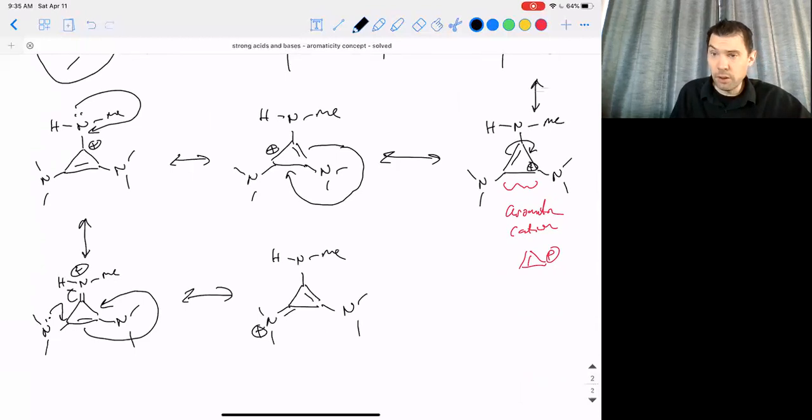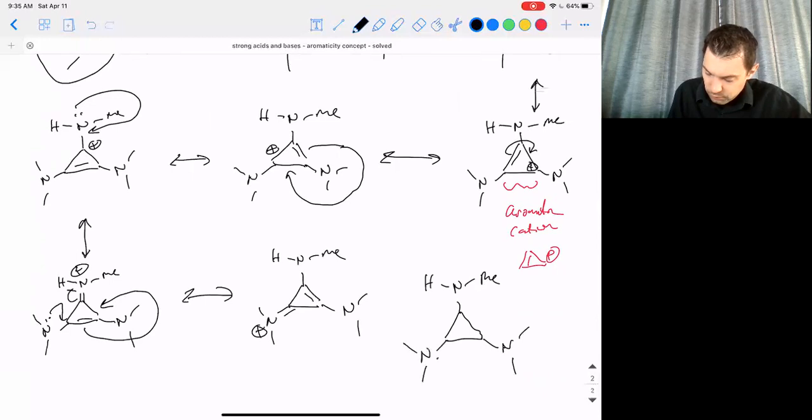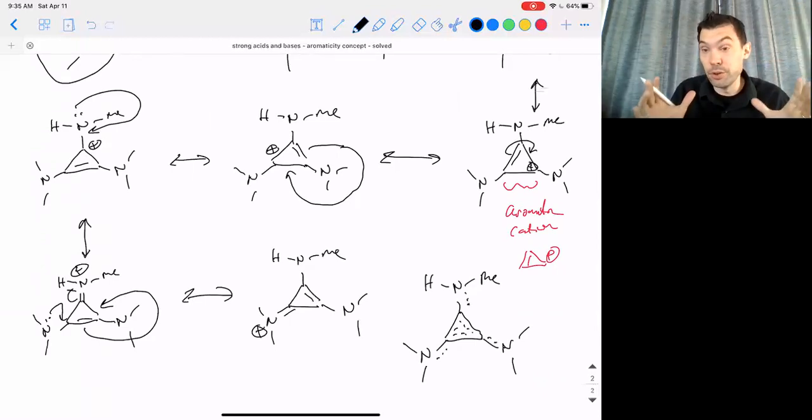And so all in all, there are going to be 6 different resonance structures for this particular protonated intermediate, where that positive charge can sit on any of the 3 nitrogens or any of the 3 carbons, and the carbon structures are aromatic.